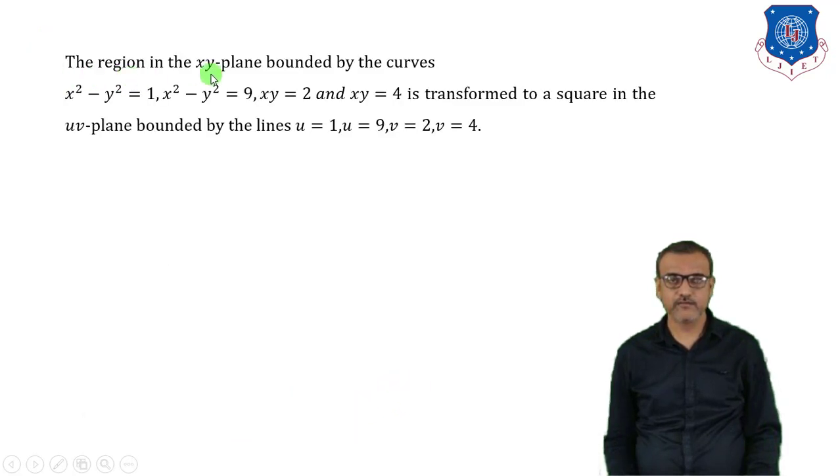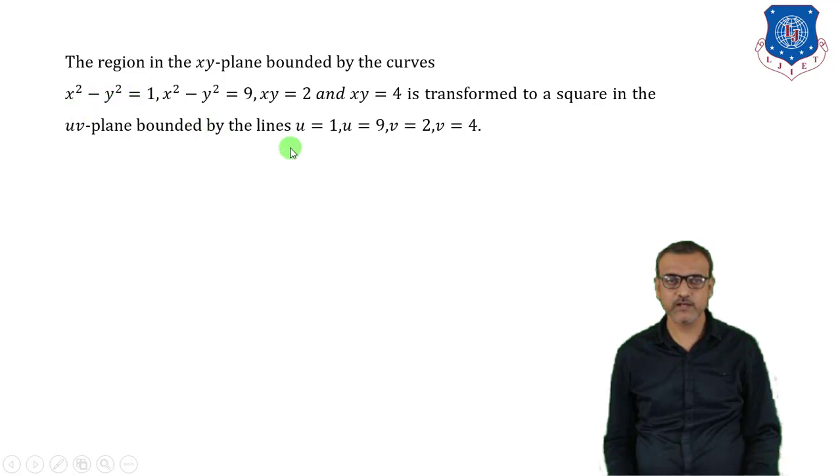The region in the xy plane bounded by the curves x square minus y square equals 1, x square minus y square equals 9, xy equals 2, and xy equals 4 is transformed to a rectangle in the UV plane bounded by the lines u equals 1, because x square minus y square is u.